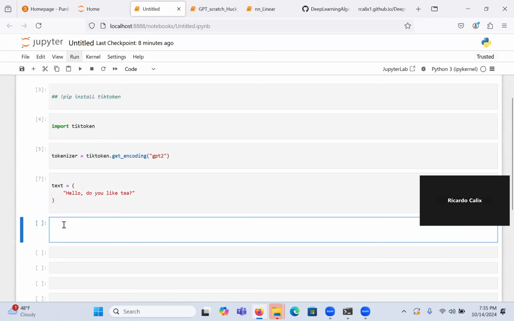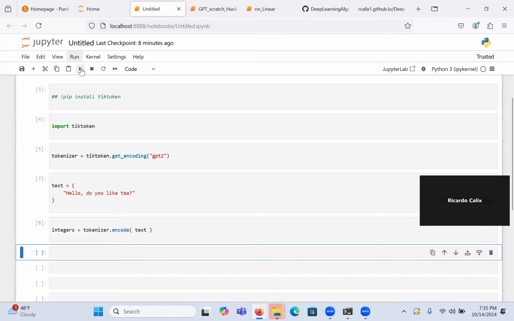Now, tiktoken. I'm going to create the integers. Remember, that's the thing that I need. Integers, tokenizer dot encode. Okay. And I'm going to give it the text. Okay.